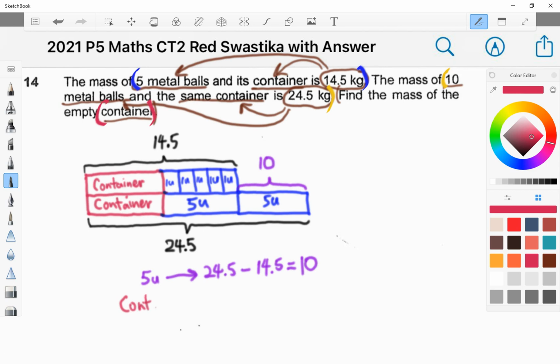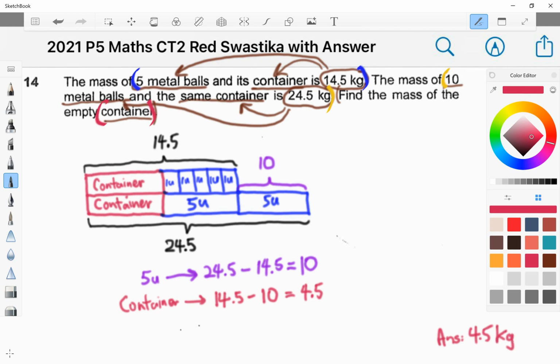My container will actually be 14.5 minus away 10, because 14.5 is the container with 5 metal balls. If I were to subtract away the 5 metal balls from 14.5, this will lead me to my final answer, 4.5. And yes, we are done. The final answer will be 4.5 kilograms.